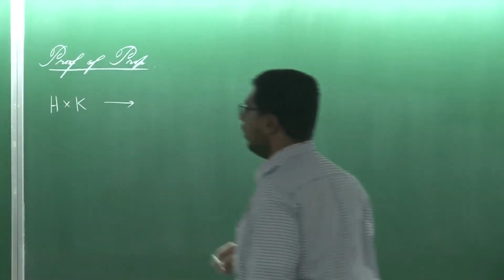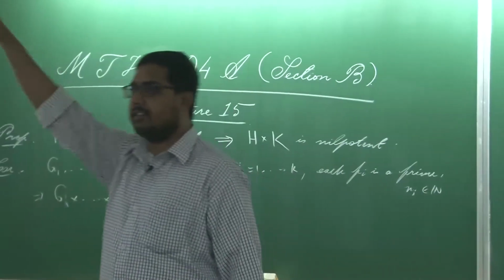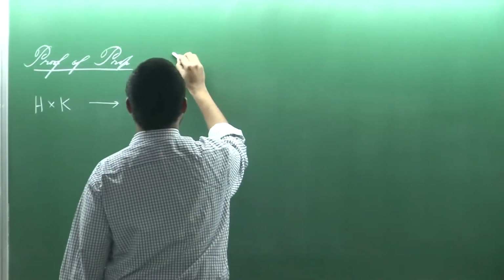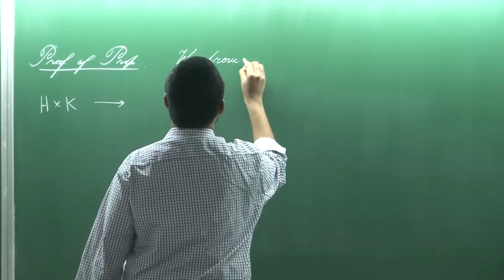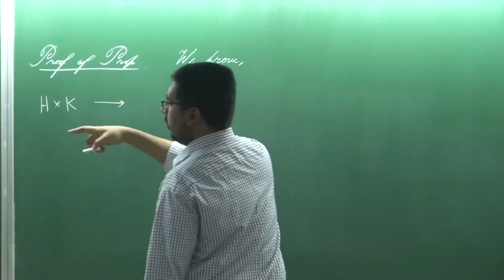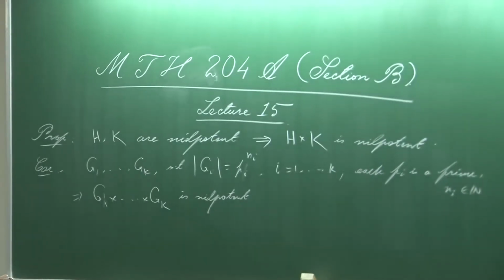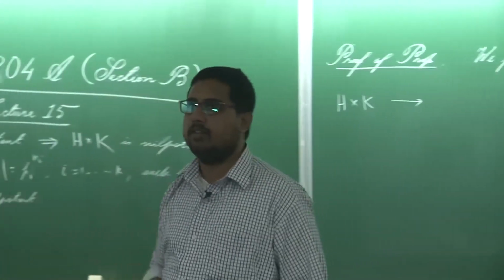So in order to show some group is nilpotent, we have to consider its ascending upper central series. So before that, let's first see. The identity, the trivial subgroup of this Cartesian product, is the Cartesian product of the corresponding trivial subgroups.